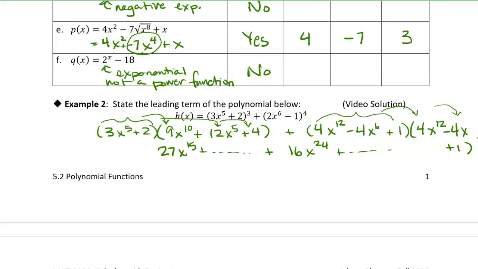So now I have to decide which one of these is the leading term. Obviously this one has the higher power of x, so that means that 16x to the 24th is the leading term.